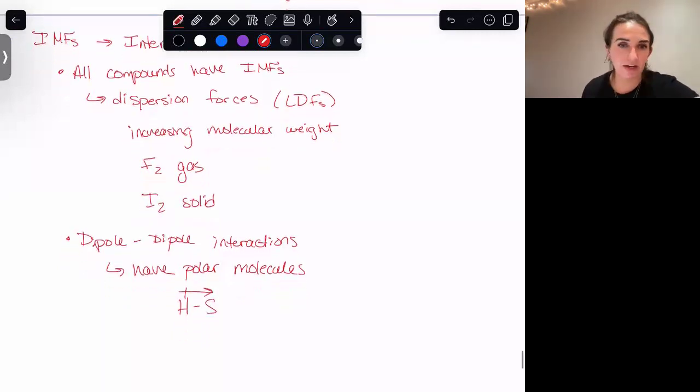What's our favorite type of dipole-dipole interaction? What's the special case? What is that called? Yep. Right, we can have hydrogen bonds. And what's the rule for hydrogen bonding?